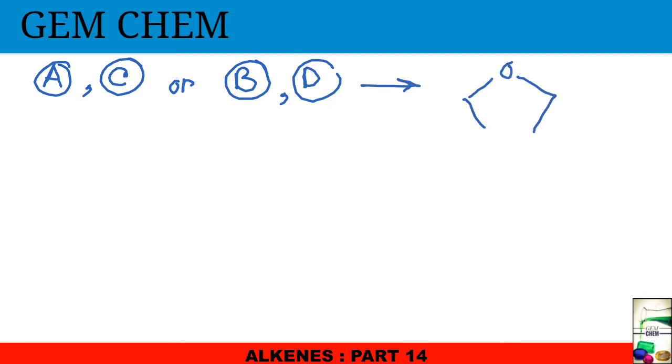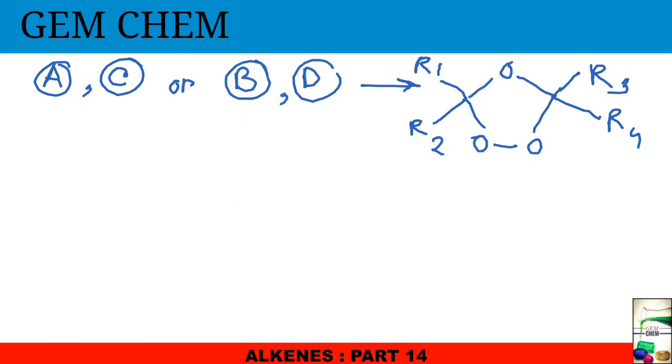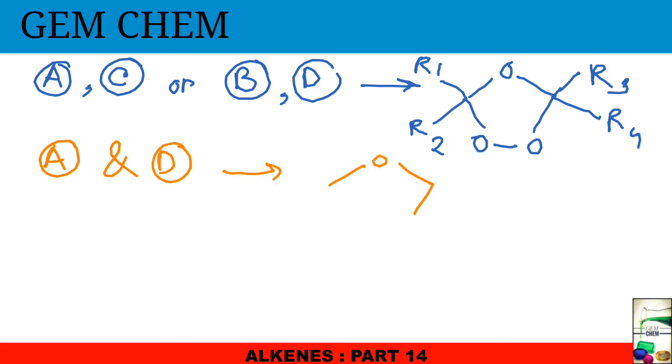This one, here oxygen, oxygen, R3, R4, R1 and R2, that is having 4 different substituents. If suppose this happens that A and D combines, then we will get this kind of structure, that is having R3, R4 and here also R3 and R4, right?